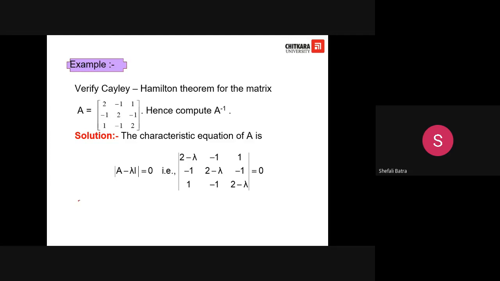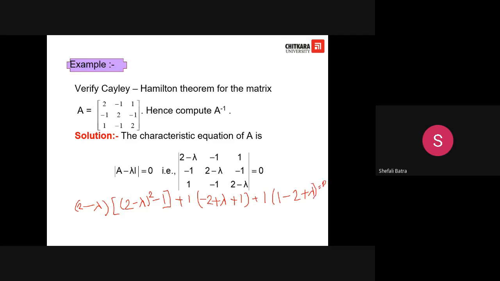Now solve it, beta. 2 minus lambda into (2 minus lambda) square minus 1, then minus minus plus 1, this into this, minus 2 plus lambda, minus minus plus 1, and then plus 1, again 1 minus 2 plus lambda is equal to 0.